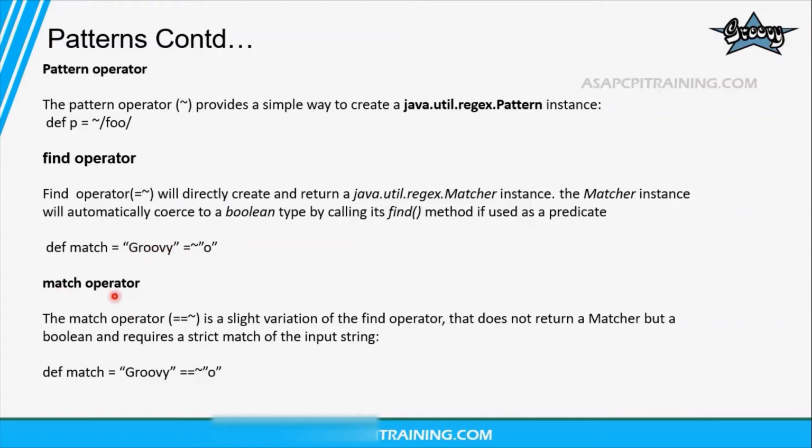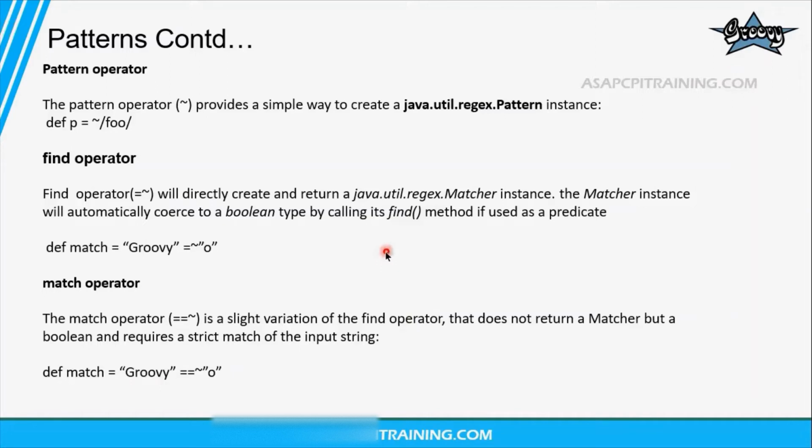But match just says whether it matches with this or not. It just provides you the boolean value. So find you can treat in both ways: you can find the occurrences of O and also the values. But match you can use only as the boolean return type.